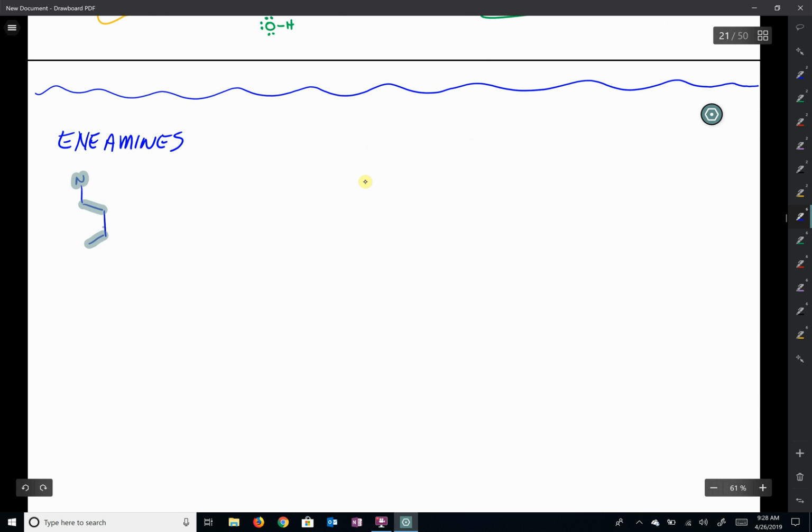Oops, I didn't give myself enough space here. So let's say we've got this. We've got the ene part here, our double bond, and we've got our amine part right up here. Fantastic. So an enamine.